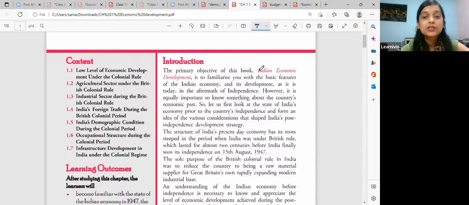So in this entire book, you are going to study about Indian economy. The primary objective of this book, Indian Economic Development, is to familiarize you with the basic features of the Indian economy and its development in the aftermath of independence. However, it is equally important to know something about the country's economic past.